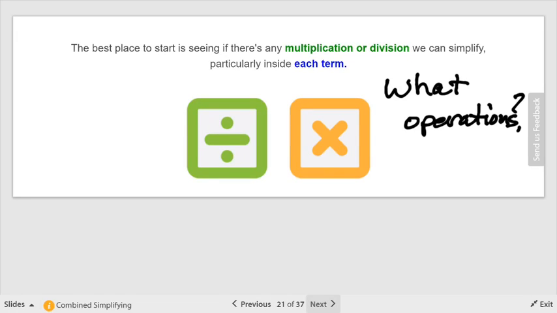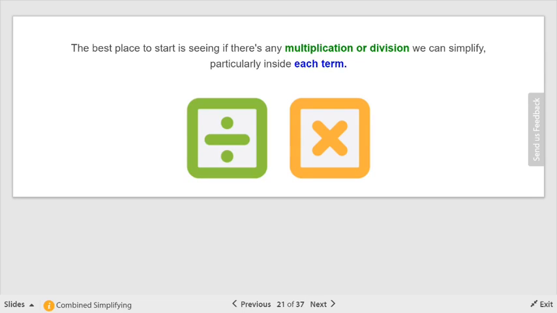Because you need to remember that in mathematics, we can't just do things as we want to. We have to do them using the order of operations. And if you don't know what operations you have, you're not going to be able to do the order of operations, right? So be very careful about making sure you know what you're being asked to do.